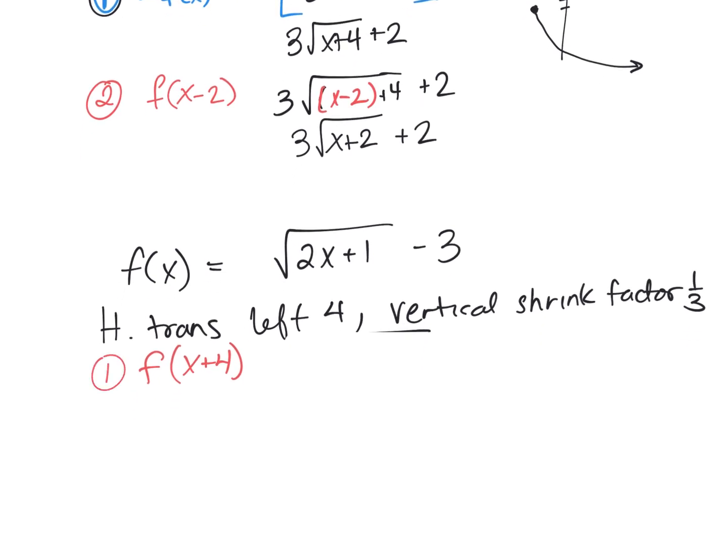So that's the first thing we'll do. The second thing we'll do is the vertical shrink factor of 1/3. How do we write that? 1/3 f of x. Okay. Negatives just reflect, right? So I'm plugging in x plus 4 into the equation.